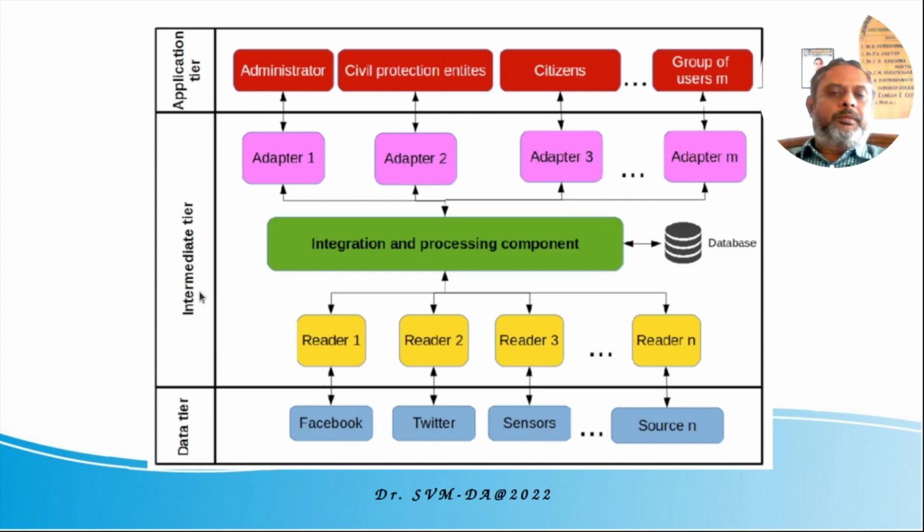In the intermediate tier, the data are read by appropriate readers, and then all the data are integrated and dumped onto the database. And then at the application tier, we have different results made available through appropriate adapters.